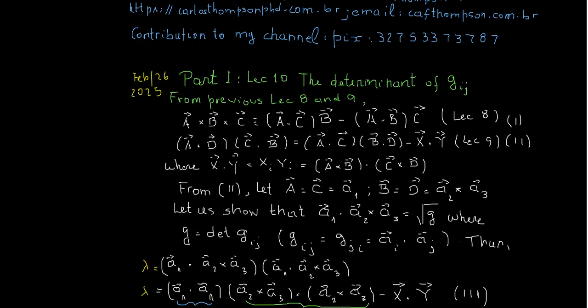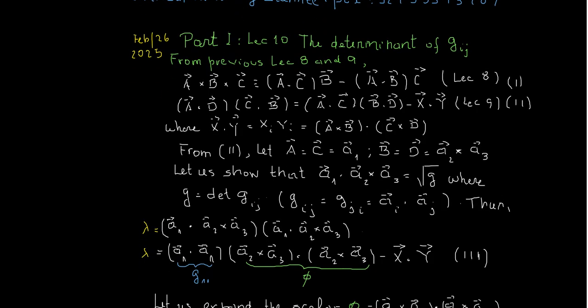Now, let's continue here. The objective, don't forget, is to show that this mixed product is equal to the square root of G, and G, repeating, is the determinant of Gij. Gij is a metric tensor.